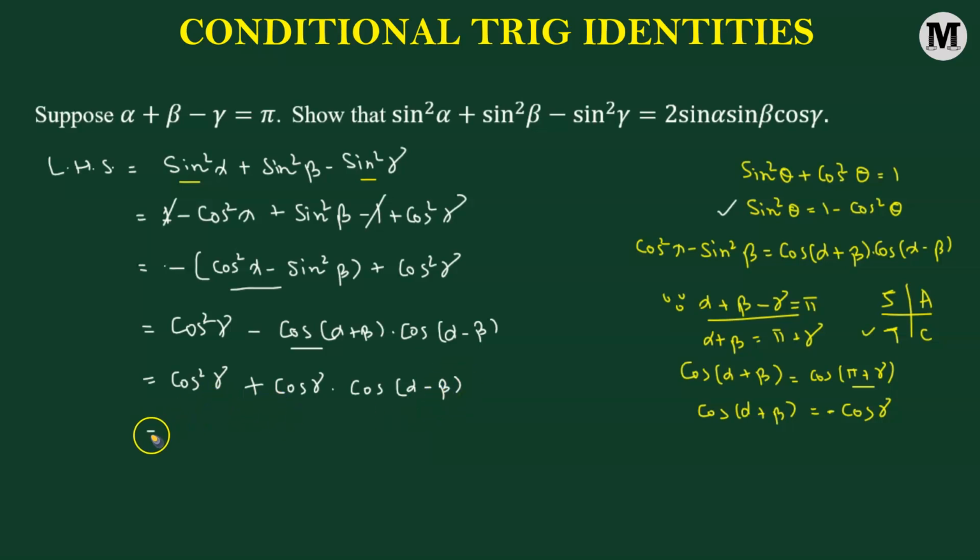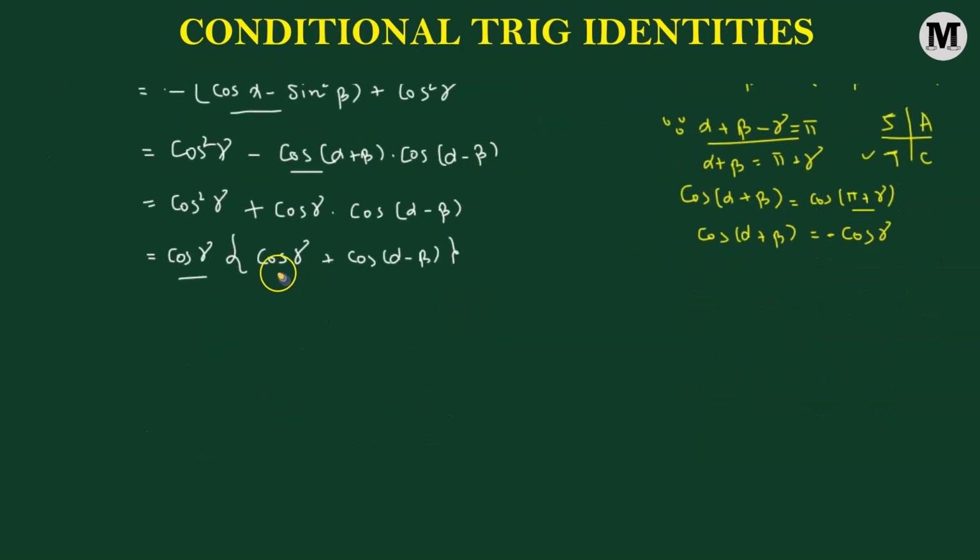Now we're going to take cosine of gamma as the common factor. So cosine of gamma gets multiplied to cosine of gamma added to cosine of alpha minus beta. As we can see here, we needed cosine of gamma, so we have taken out a factor cosine of gamma. Now we're going to add these two cosine functions, but before adding, let's change cosine gamma back to cosine of alpha plus beta.